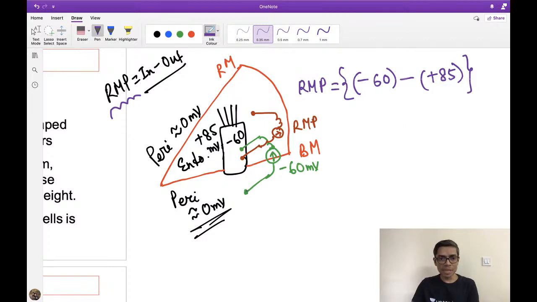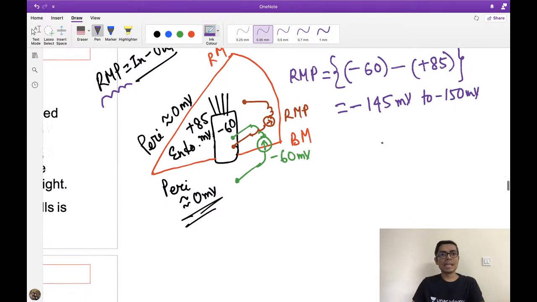Originally, if you put it into perilymph, outside was 0, that's why it was net minus 60 millivolt. Now the outside voltage is plus 85, it's not minus. Because of this, now the RMP with respect to endolymph is nothing but 145 millivolt to 150 millivolt, if you consider this as plus 90 millivolt.